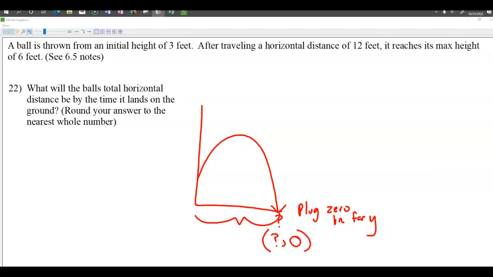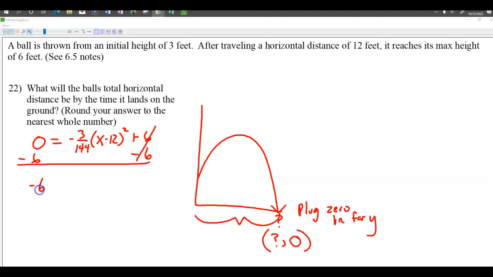So my equation was y equals negative 3 over 144 times (x minus 12) squared plus 6. So I'm going to be replacing the y with 0 because that's the height it will be at when it lands on the ground. So now we get to solve this. Step 1 is to subtract 6 on both sides.